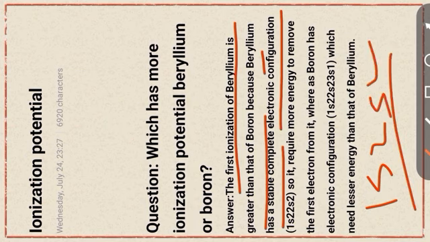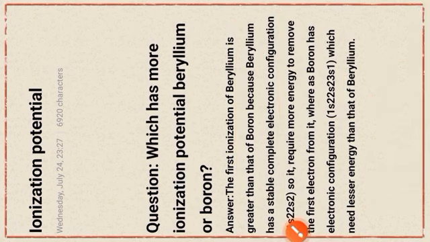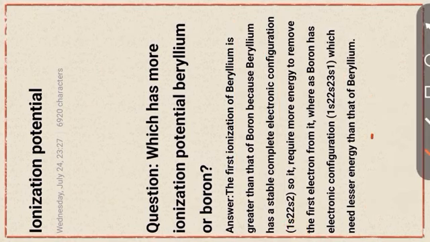Beryllium has atomic number 4, so more energy is required to remove the first electron from it, whereas boron has the electronic configuration 1s2 2s2 2p1, which needs less energy than beryllium.